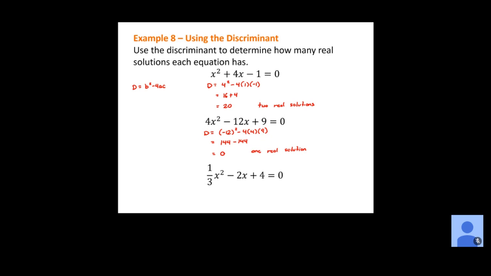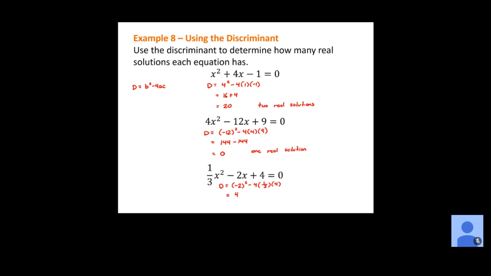All right, and then the last one down here, we've got d equals negative 2 squared minus 4 times 1/3 times 4. In this case, negative 2 squared is 4.